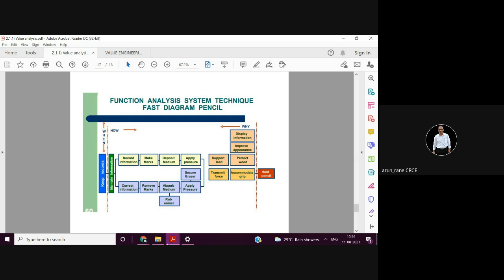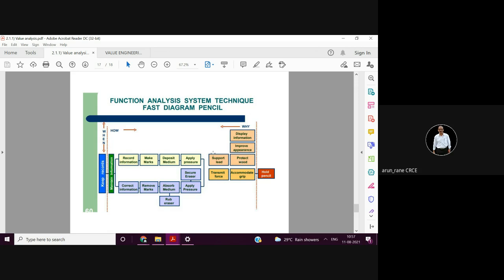So this is how you have to prepare this, like record the information, give them marks, then apply the pressure, then whether your eraser has been fixed properly, then why, how, when, why you want to have a good hold, that is to support the lead, to protect the wood, to improve the appearance.